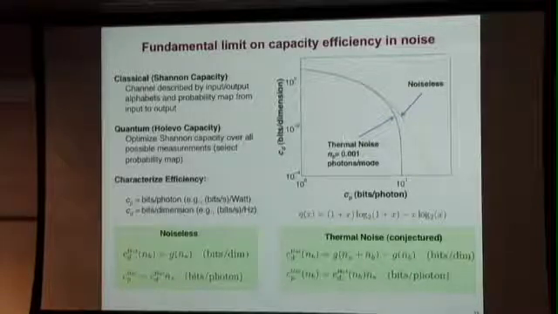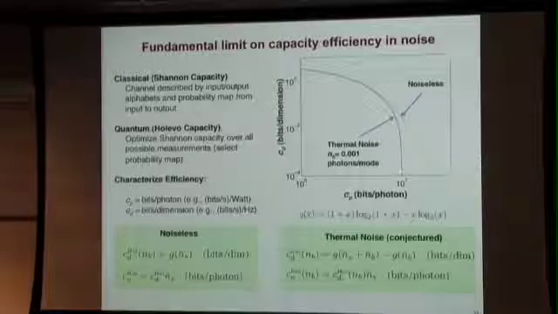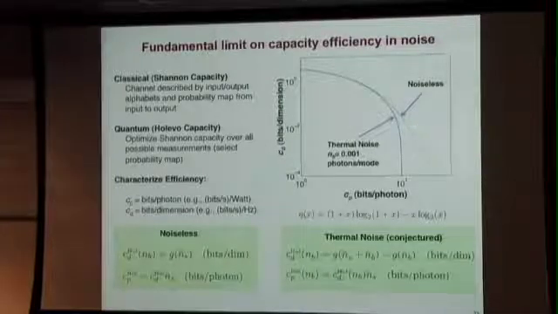If you plot this function, you find out that the green one there is the noiseless. Add thermal noise of 0.001 photons per mode. It tracks pretty well up to a point and then falls off as a function of photon efficiency. 0.001 is a very high number compared to looking at the blue sky. Yeah, so you fall off less the further out you push this, basically is the message, right?